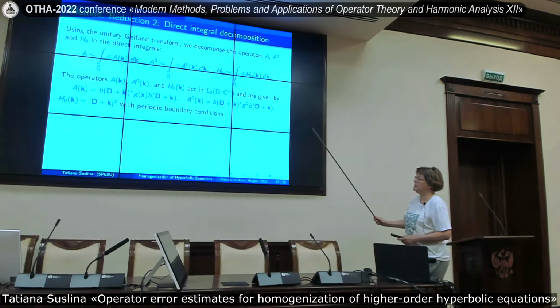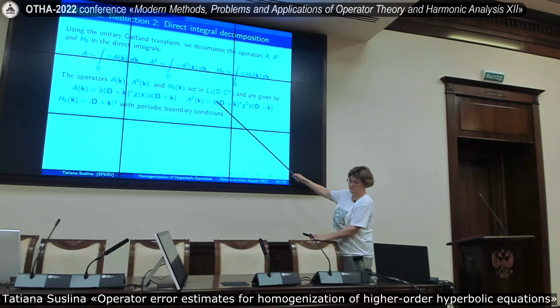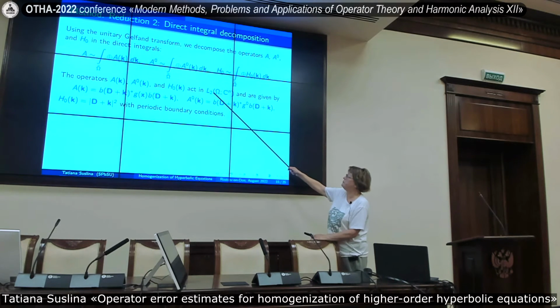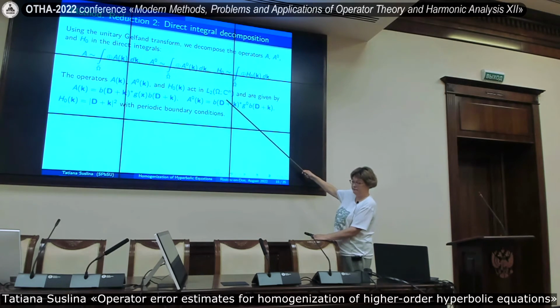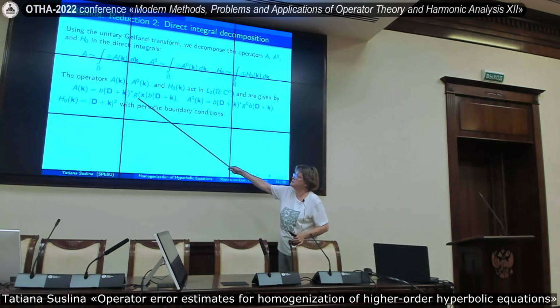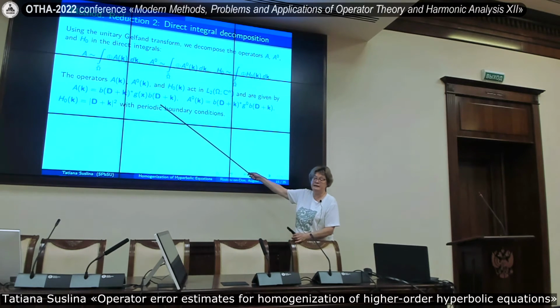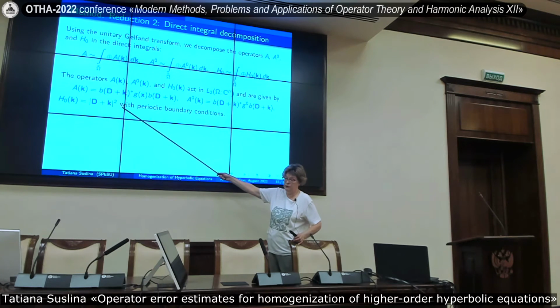And the operators A of k act on the cell, not in R^d, but in L2(omega; C^n). A of k is given by this differential expression. So with respect to the parameter k, it's a polynomial of order 2p.